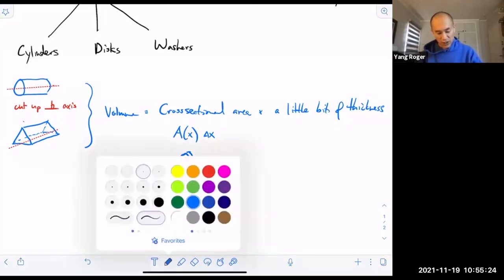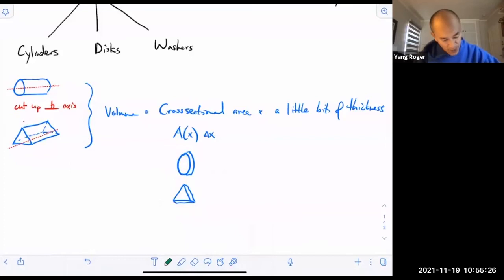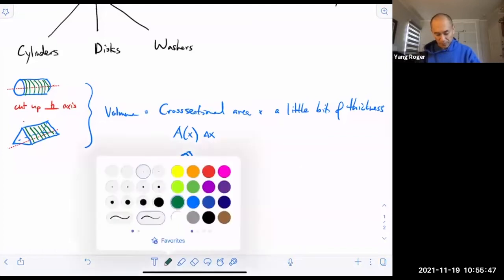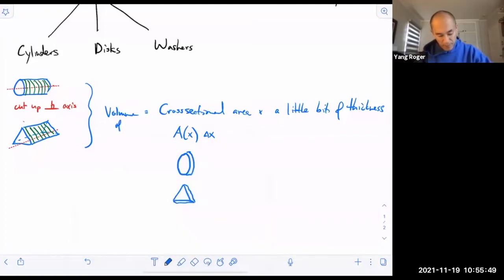So what we're going to do is chop up perpendicular to this axis, and you're going to get a whole bunch of coins, or a whole bunch of triangles, and then we're going to add them up. Okay. So this is just the volume of a small piece.